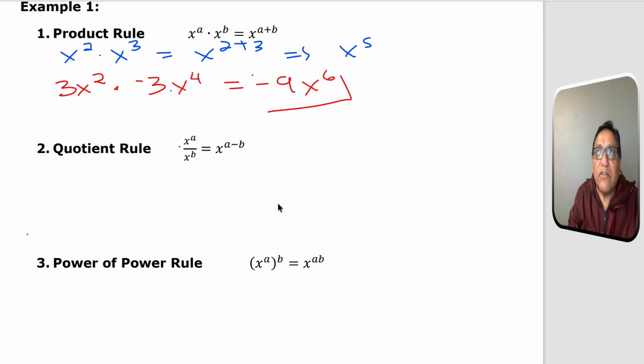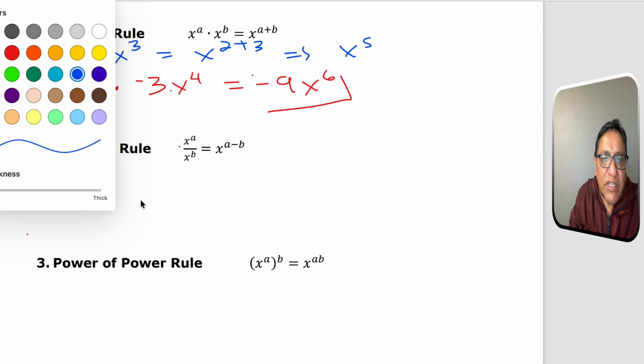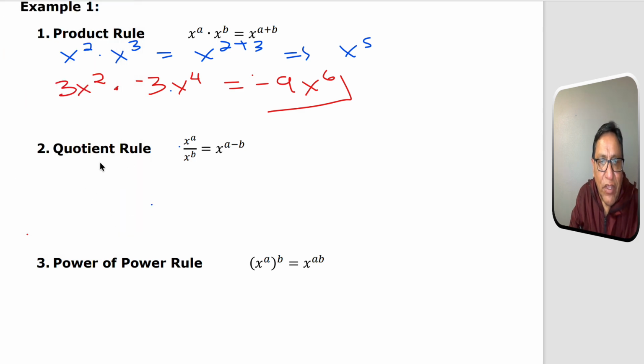Okay. So let's explore the quotient rule. Let's do the same thing, with some examples. The quotient rule says if you have x to the power a divided by x to the power b, you subtract the exponents, a minus b.